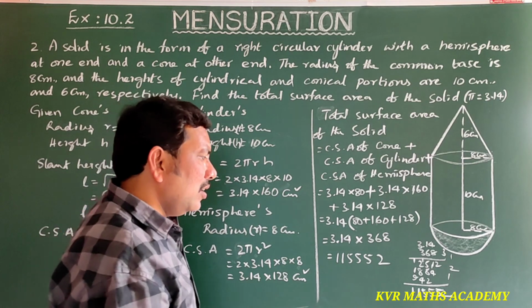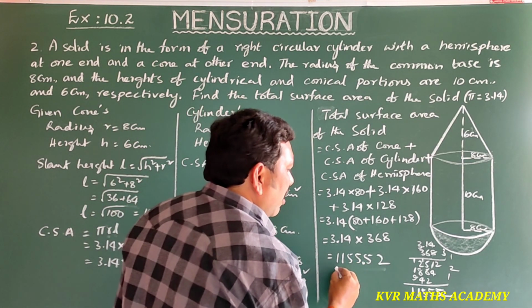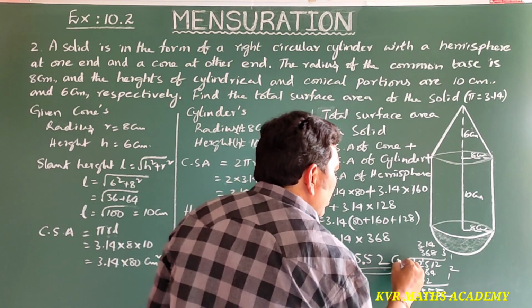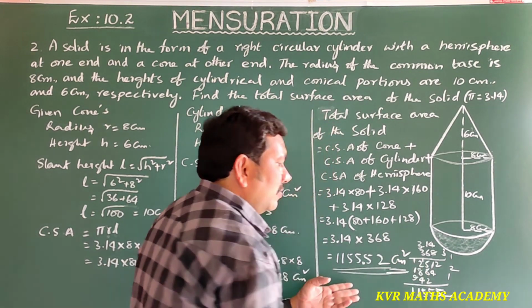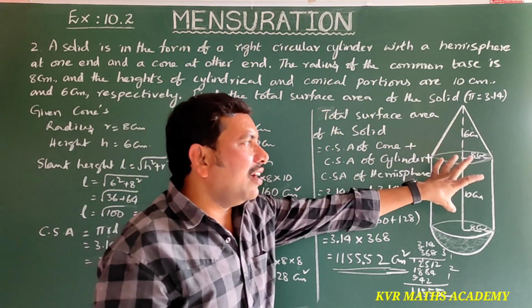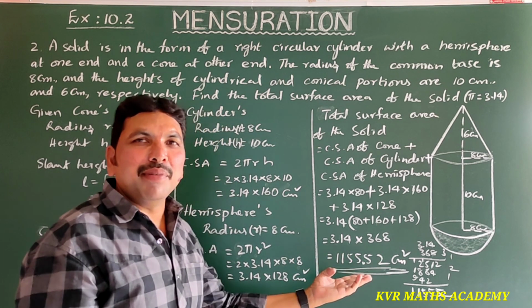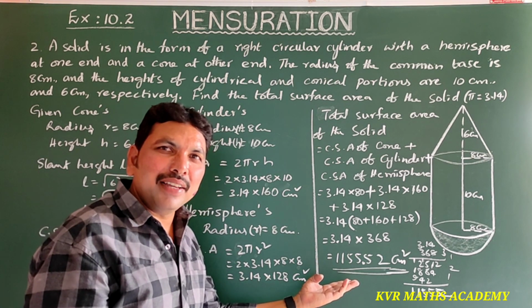Yes, 2 digits. So we have to place the point before the last 2 digits, right? So it is 1155.52 centimeter square. Therefore, the total surface area of this solid is equal to 1155.52 centimeter square. Understood clearly?